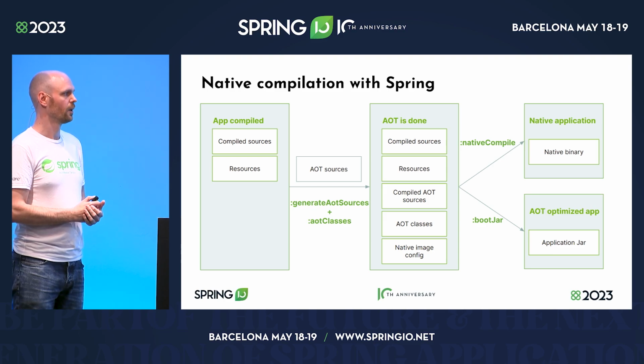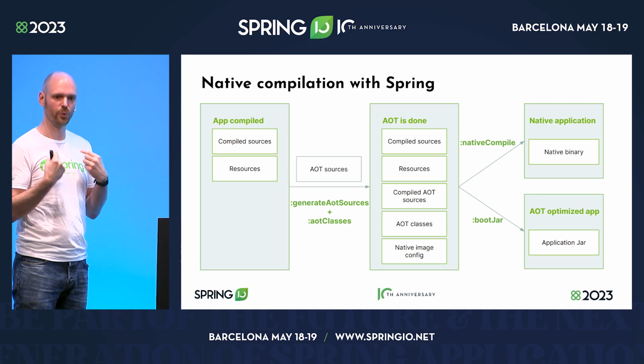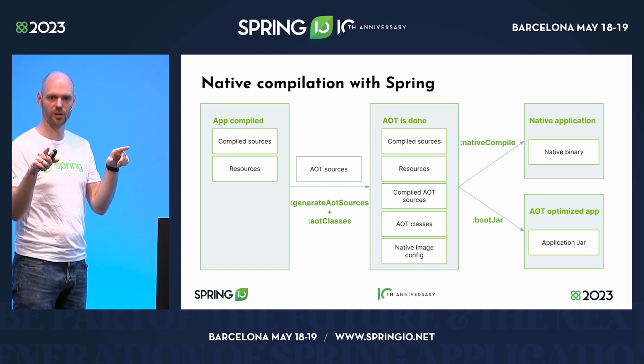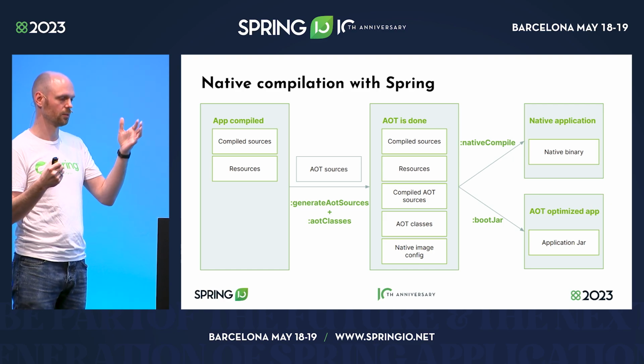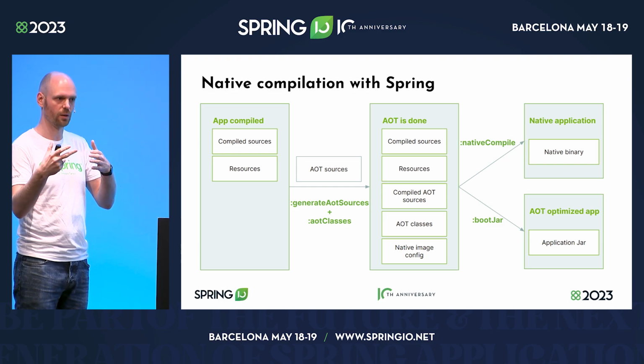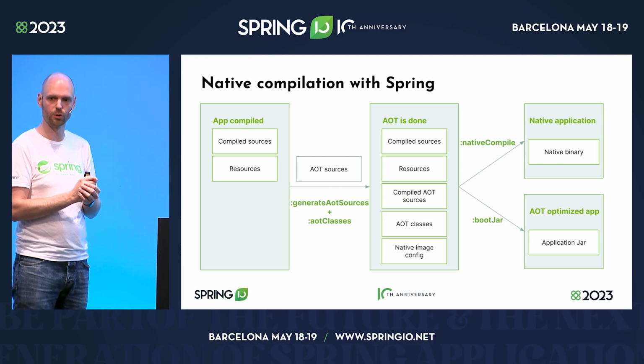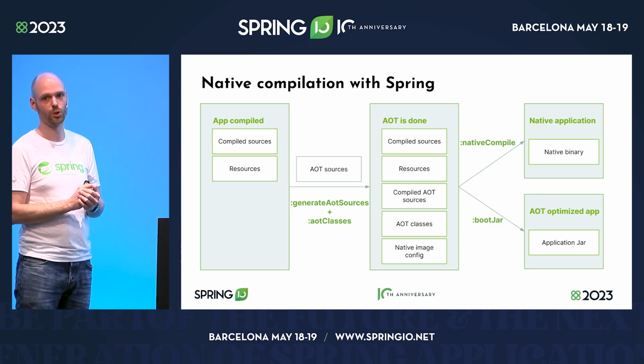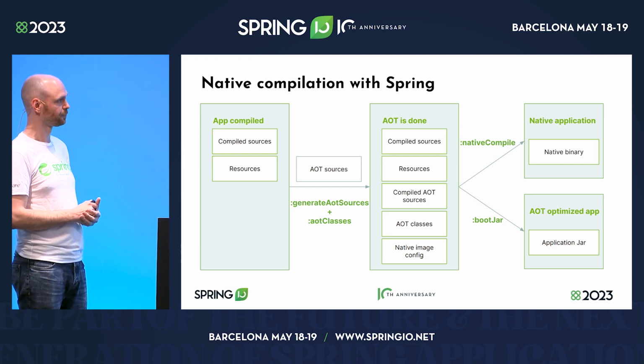So our idea is that you don't have to provide hints yourself if we can find them out. If it's in a public API which we can introspect, like if you return it from a controller, we see, okay, this type is returned from a controller, maybe we should register reflection hints for that so that Jackson works on it.